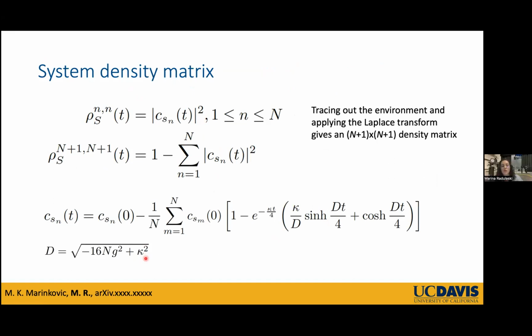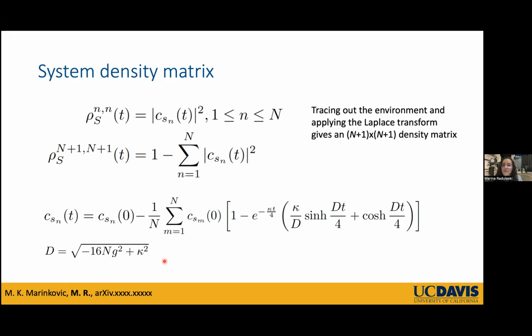Yeah, so the thing is that if g is small, this will be positive, and then it will have damped oscillation. And if g is large, then this will be imaginary, and we will have Rabi oscillations, as we'll see on the slides that are coming up.